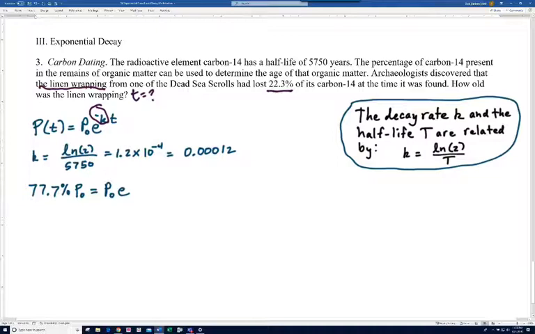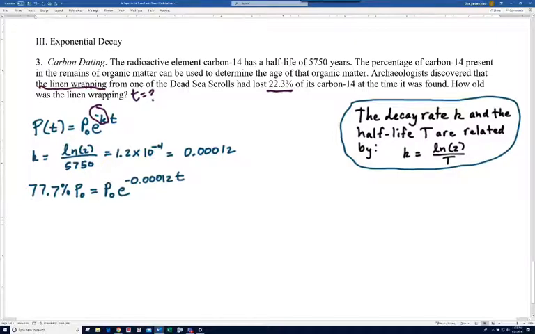This is a decay rate, and so that's going to be a negative value. In fact, anytime you're dealing with exponential decay, you're going to have a negative value for the growth rate. And so this is negative 0.00012 times t.